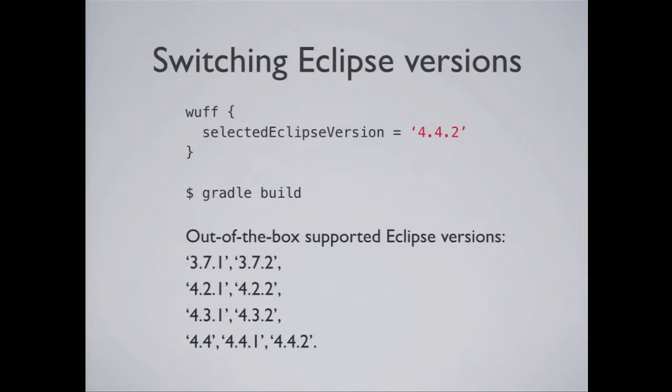So what actually happens when we invoke the Gradle build and when we have this selected Eclipse version, whether it is the default or defined by us? Wuff goes to official sources, finds the corresponding version of Eclipse, downloads this huge zip file, unpacks it, mavenizes, and then you have Eclipse bundles as Maven dependencies. All this happens once, and then things are reloaded from the local Maven cache.